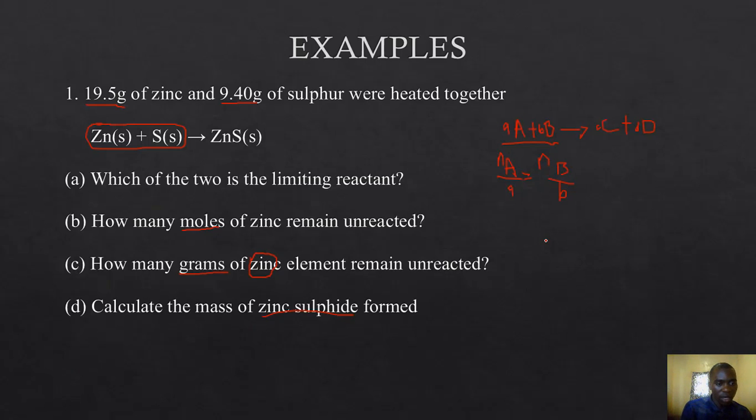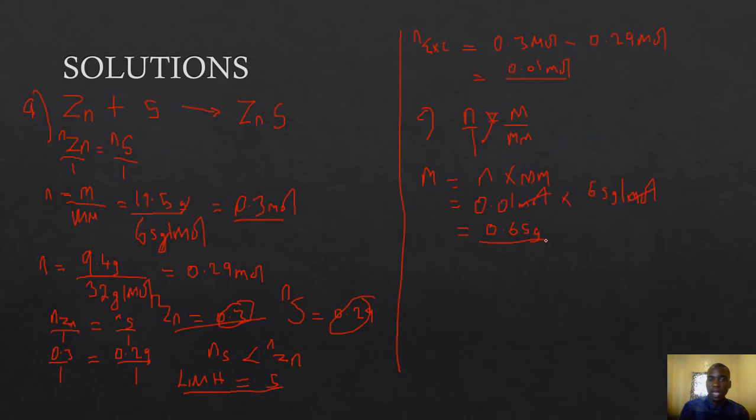Question D, calculate the mass of zinc sulfide formed. Now remember, like I was saying, here you can use this information to find this one, or you can use this information to find this one. But how do you decide? This is very simple. In order for you to know how much mass is produced, you first need to know the limiting reactant.